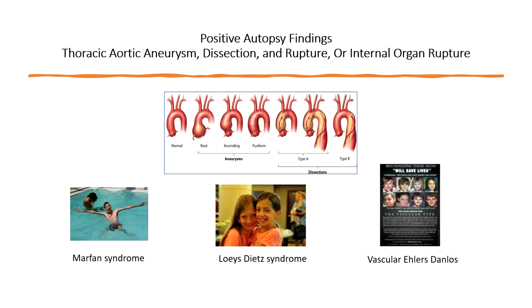When there are thoracic aortic aneurysm, dissection, and rupture, or internal soft organ rupture, analyzing genes for syndromic connective tissue disorders such as Marfan syndrome, Loeys-Dietz syndrome, and vascular Ehlers-Danlos syndrome, or genes associated with non-syndromic connective tissue disorder on our aortopathy gene panel is indicated.